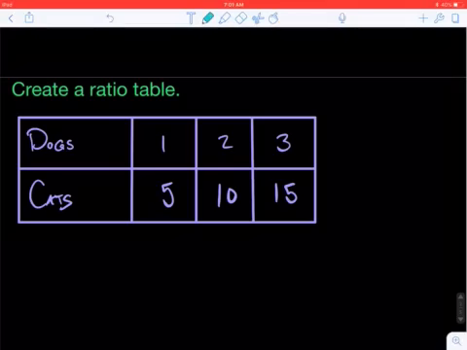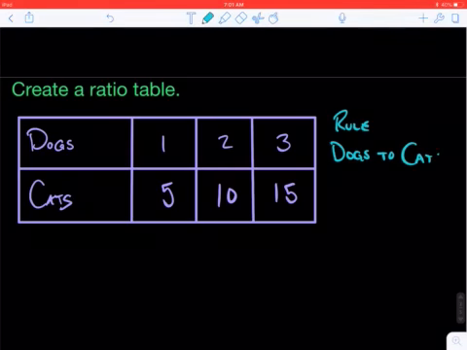And this rule that we're going to find is going to take us from dogs to cats. Okay, so we're going from the top one to the bottom one.